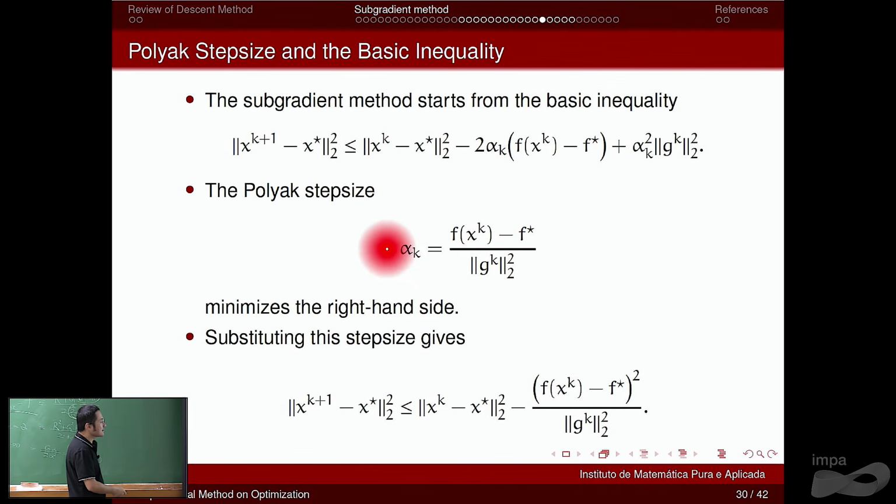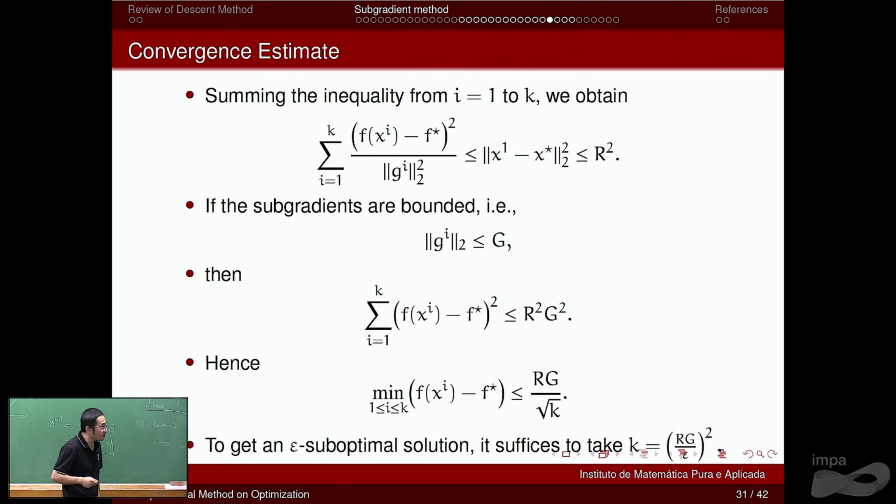And then you can also get the Polyak step size, okay? Just minimize the right side of this inequality. And then after you got the Polyak step size, you can substitute the step size alpha k by this one, okay, and then you get this inequality.